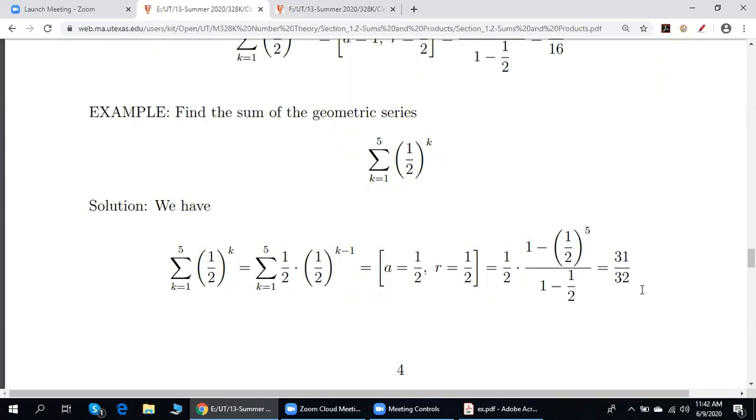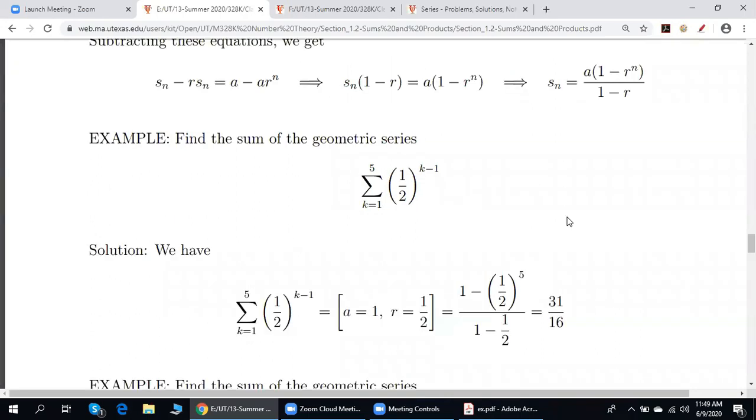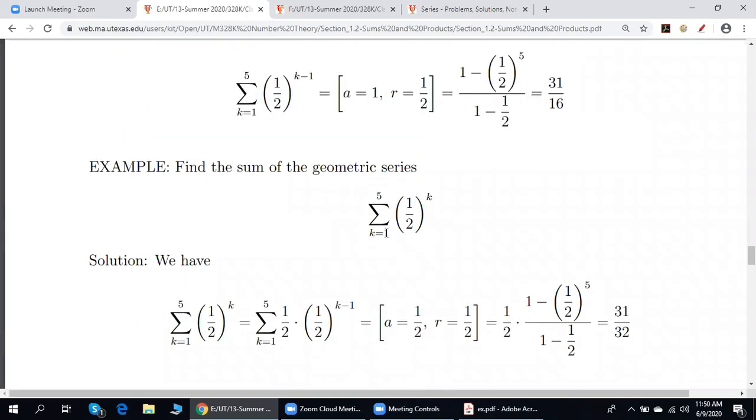If k was anything other than 1, we could still apply the same formula? Very good point. Probably the easiest way to think about it is the following. If k starts at 2 here, we can do the following.